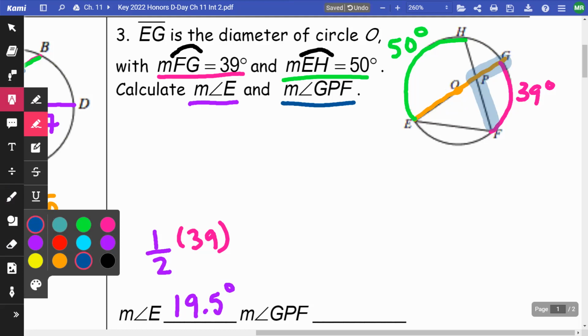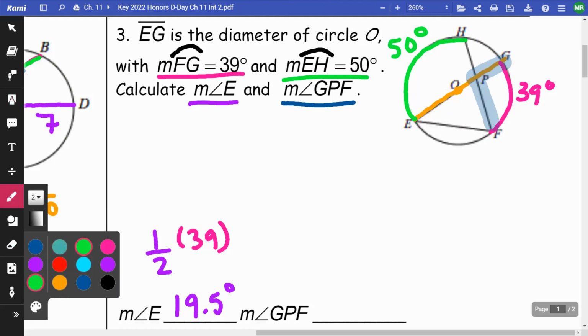Now, what's happening is that angle is formed by the intersection of two chords. I have the orange chord and this red chord that are forming that angle. Those two chords are also forming the 50 degree and the 39 degree arcs.